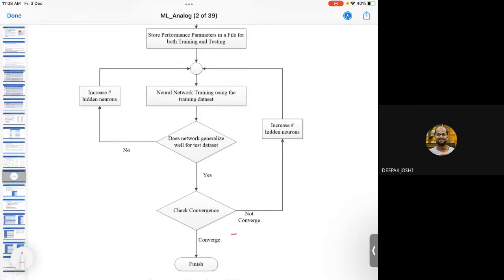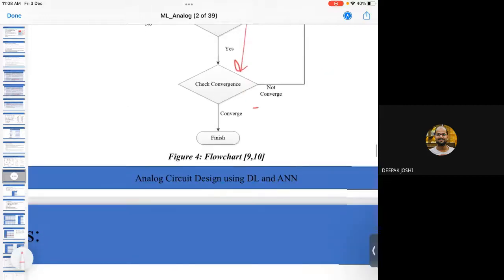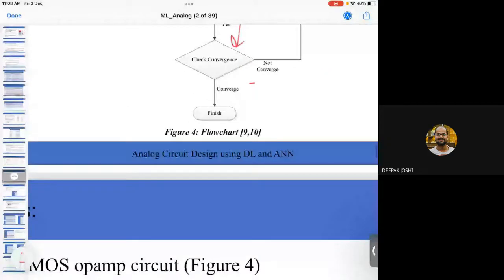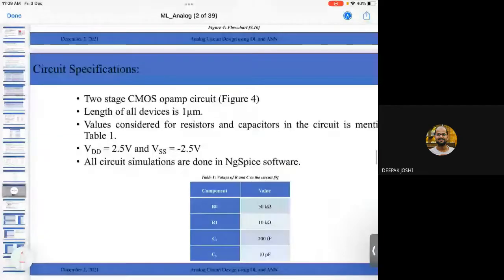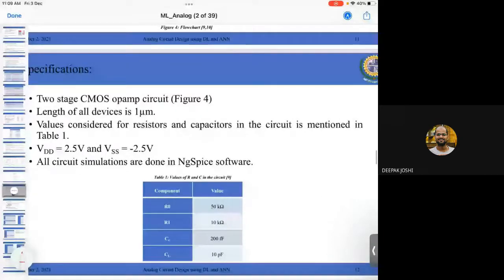Okay, if it is not converging, then increase the number of hidden neurons or hidden layers, which means increasing the number of relations between all the variables, and then it can be iterated again. So this is the idea of the application of this particular ANN.